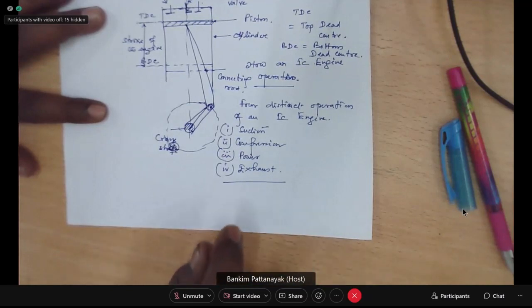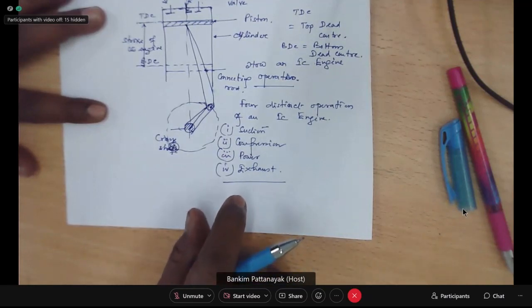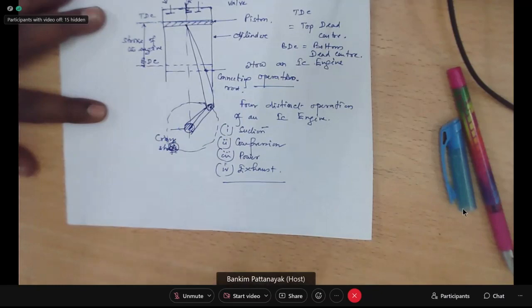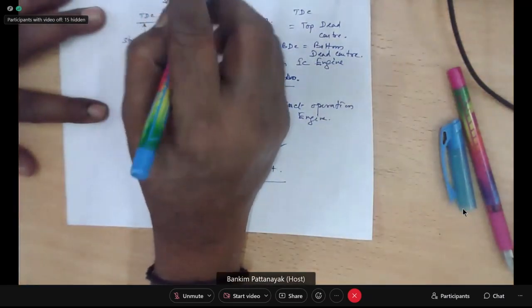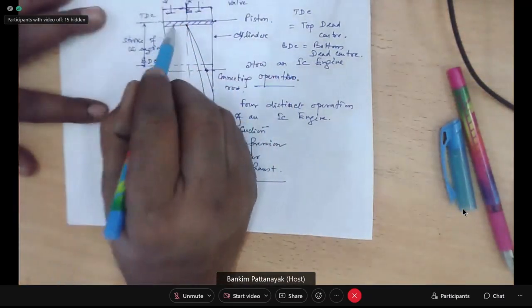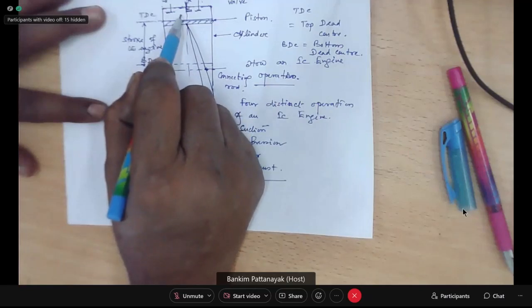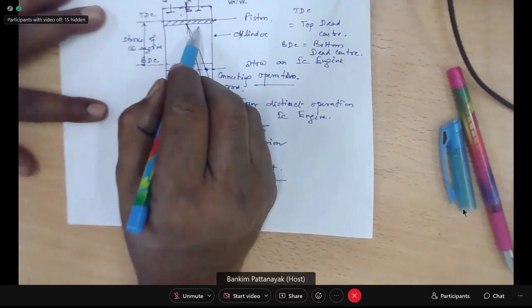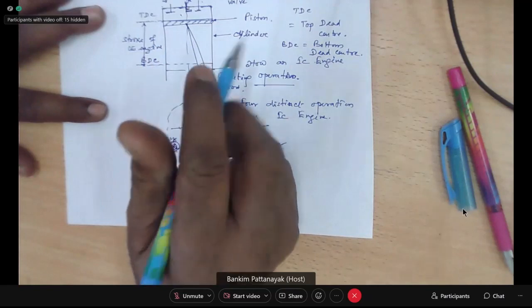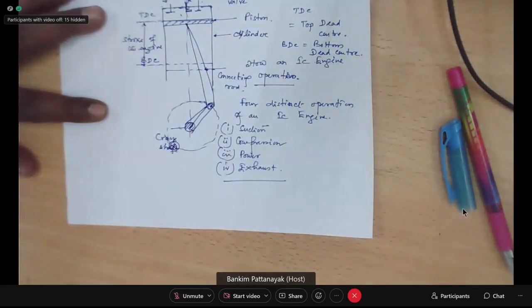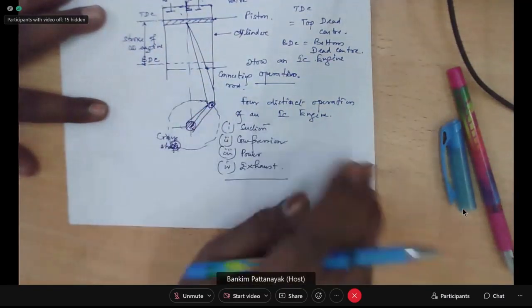Actually, what we are trying to do by designing such a piston cylinder mechanism is to have a bombardment of the petrol or the diesel in the combustion chamber so that it pushes the piston down, and thereby we get the work. So continuously it has to go on.